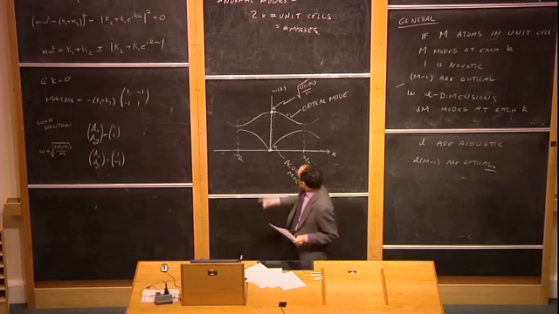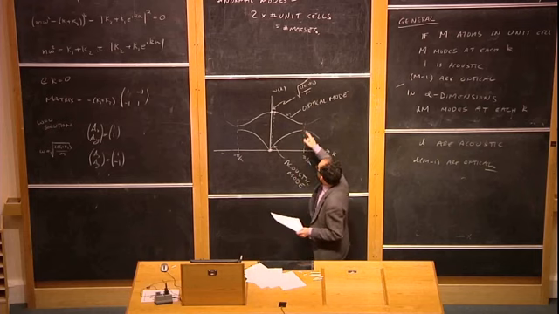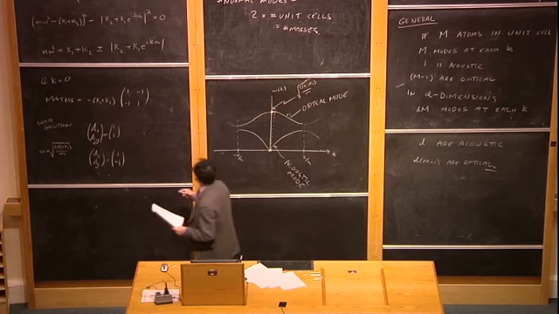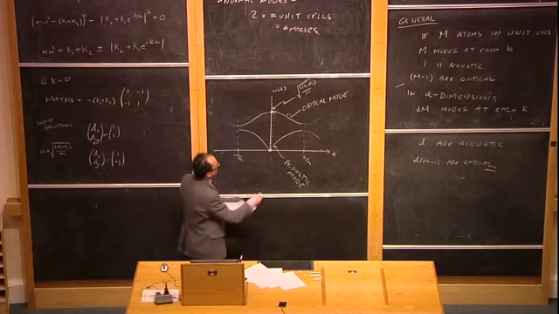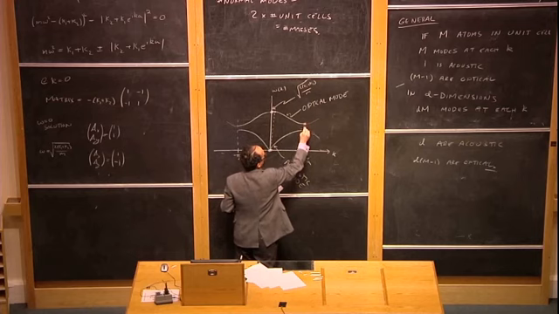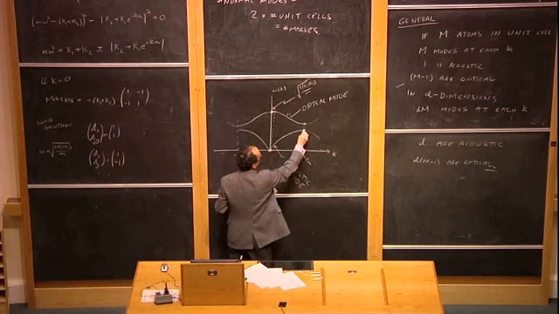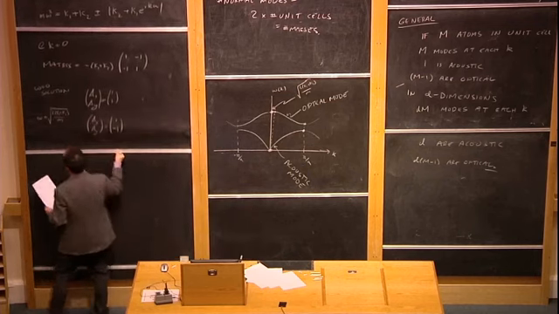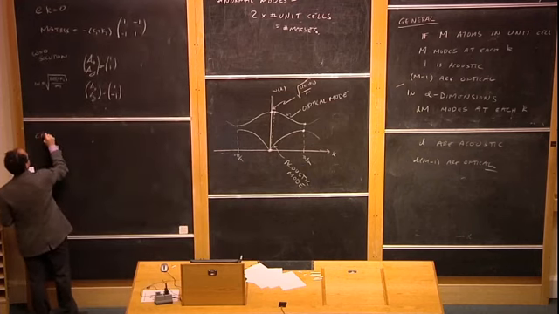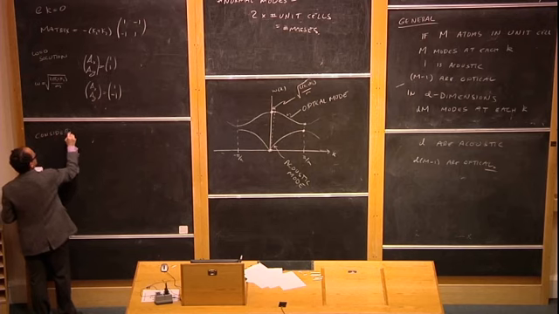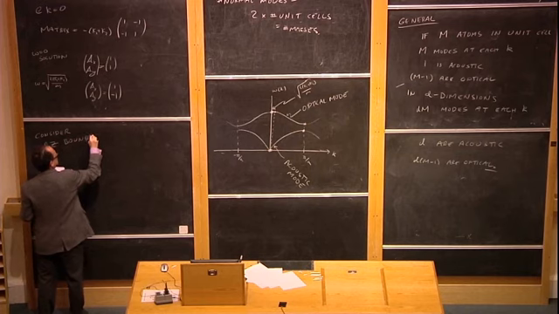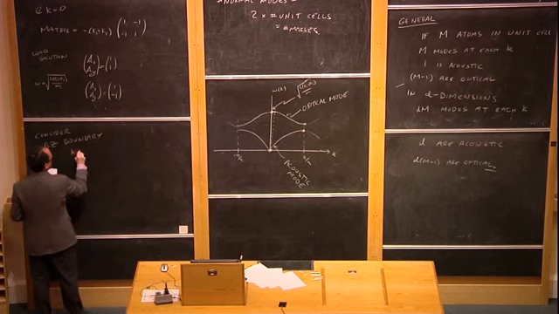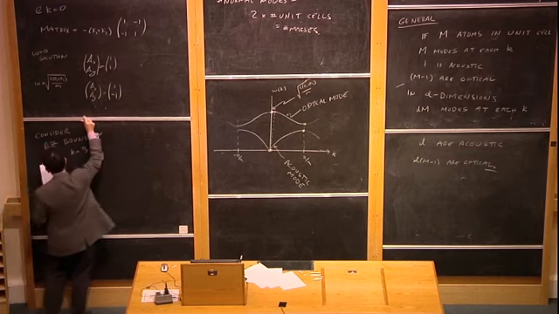OK, there's one more point on this picture that we should probably look at more carefully, which is these interesting points here, which are at the so-called Brillouin zone boundary, pi over a. So consider the BZ boundary, k equals pi over a.